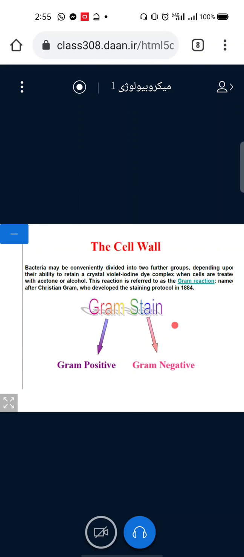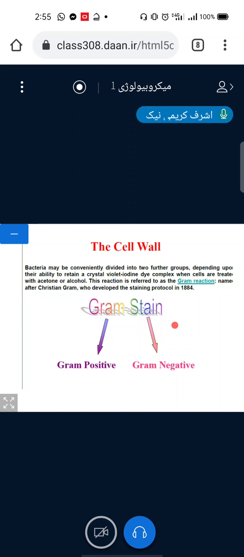We talk about gram-negative and gram-positive bacteria. What do negative and positive mean? A scientist named Christian Gram studied the composition of the cell wall in bacteria.